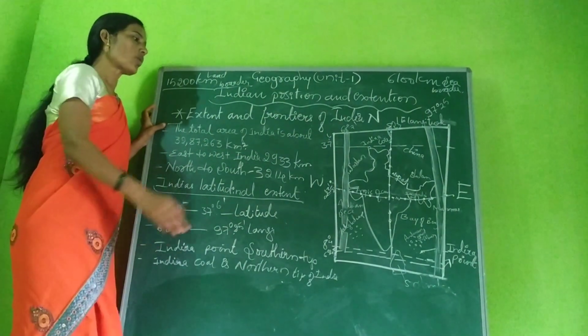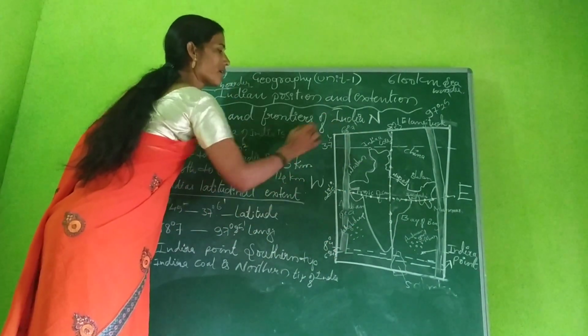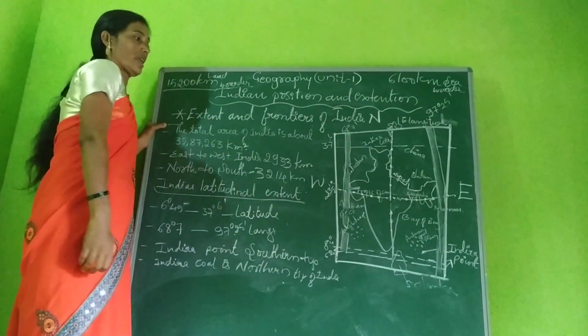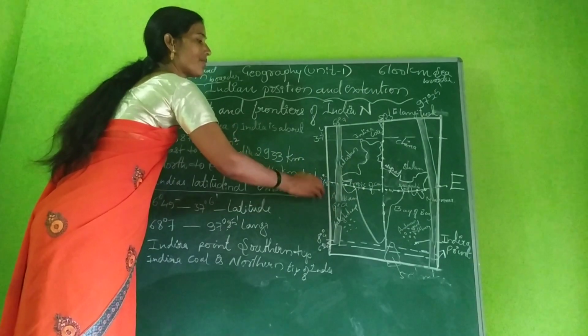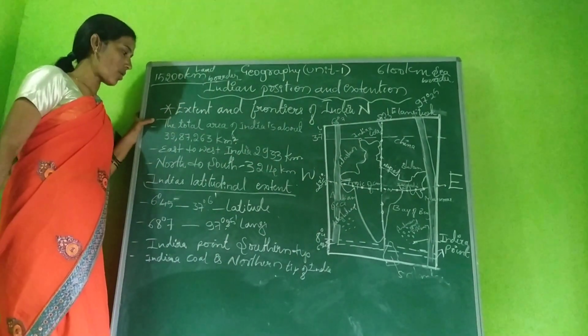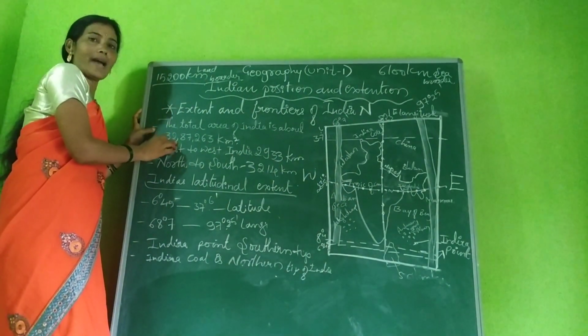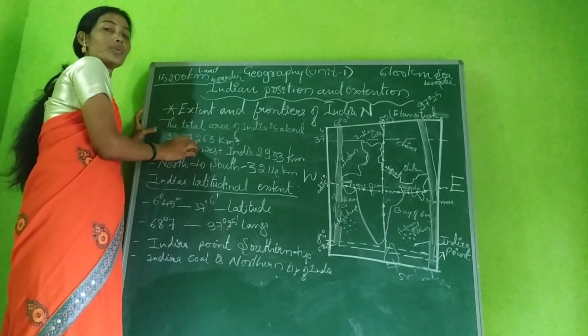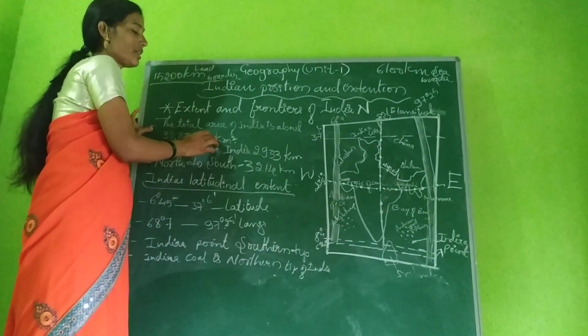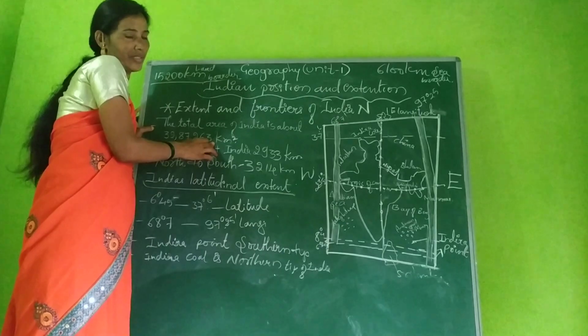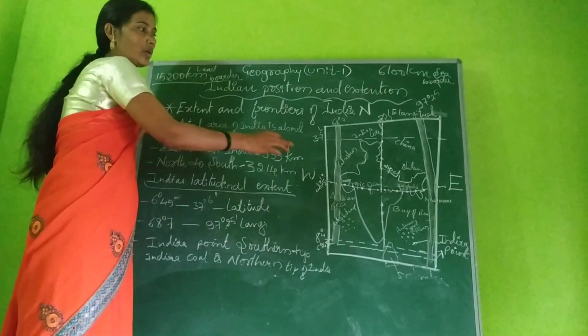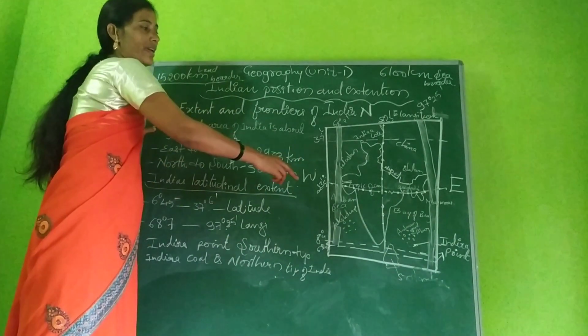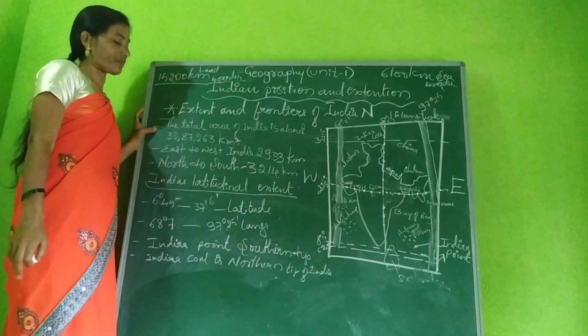The total area of India is about 32,87,263 square kilometers. That is the total geographical area of India.